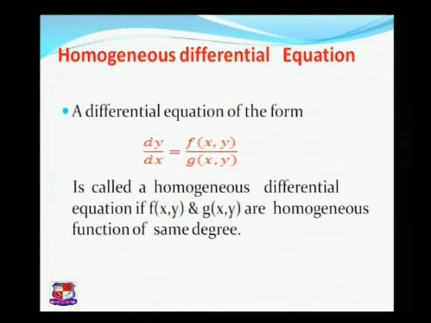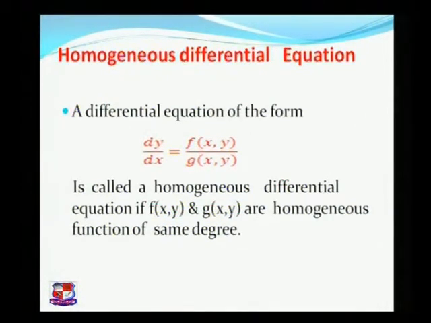This is the definition of a homogeneous differential equation. A differential equation of the form dy by dx is equal to f of x, y upon g of x, y is called a homogeneous differential equation if f of x, y and g of x, y both are homogeneous functions of the same degree. Note that there are two conditions.